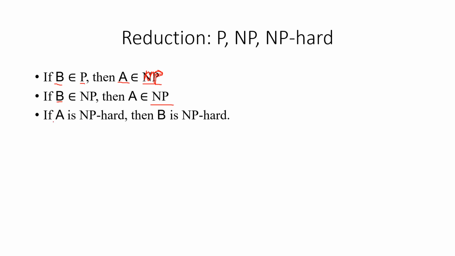If some problem A is NP-hard, and if we are able to reduce it to the problem B, then we can say that problem B is also NP-hard. These problems B are usually well-known problems.